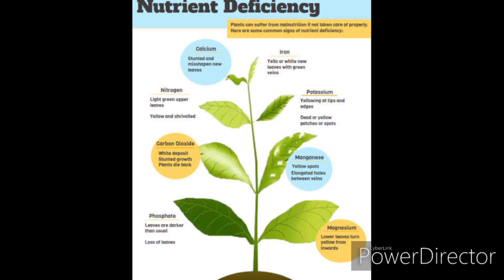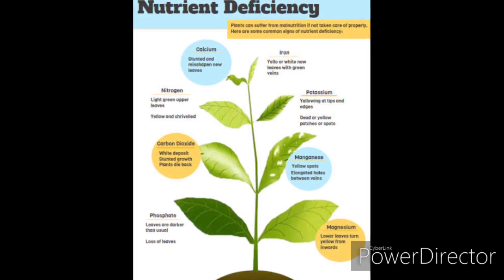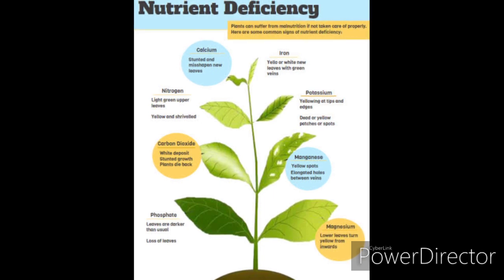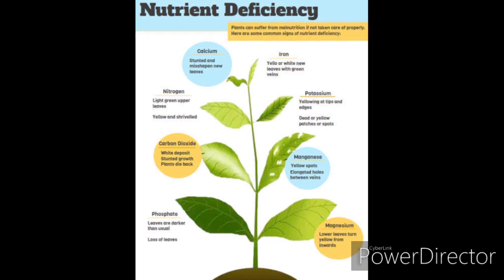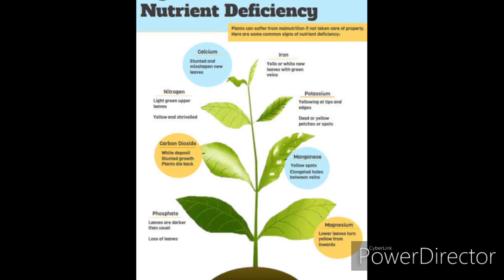The apex of the root and stem die, which affects growth, isn't it? And the leaves become thick and they become curled. Fine. So this shows how important the macro and micronutrients are, the lack of which may lead to certain diseases in plants.